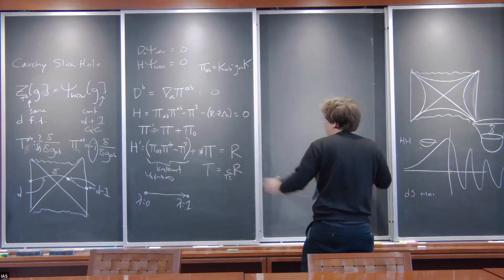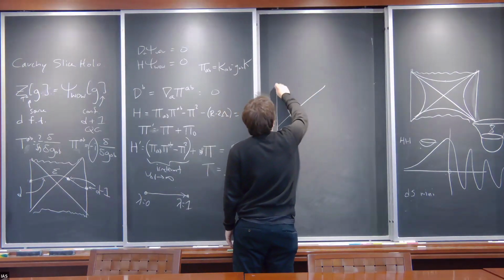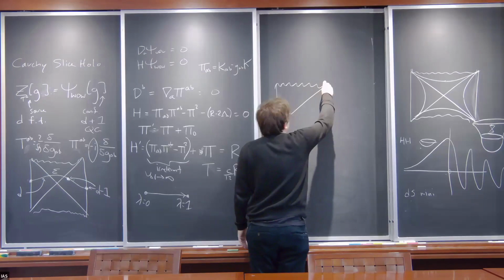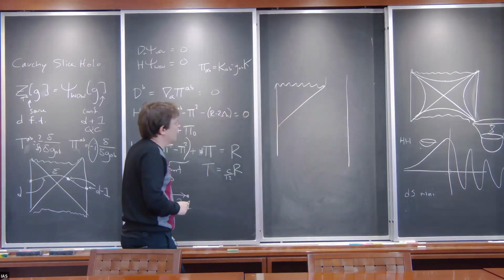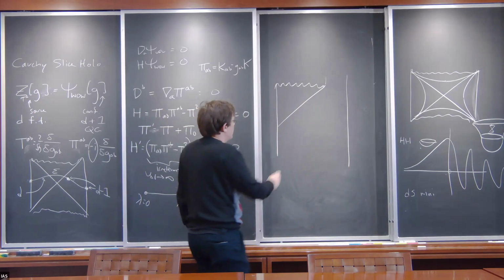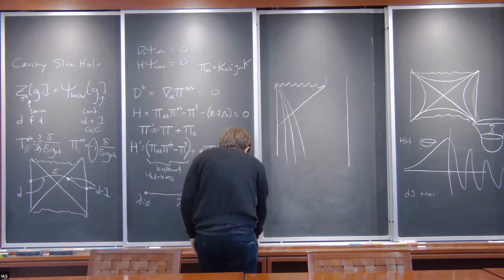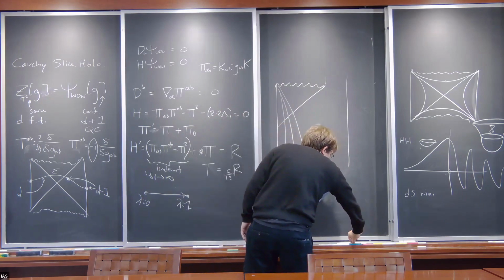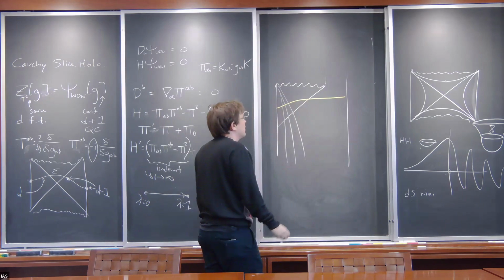If I add matter to this picture, so that I can form a black hole from collapse, and then you let it evaporate, I have something that comes in here, and now I have some Cauchy slice that comes out here like this.